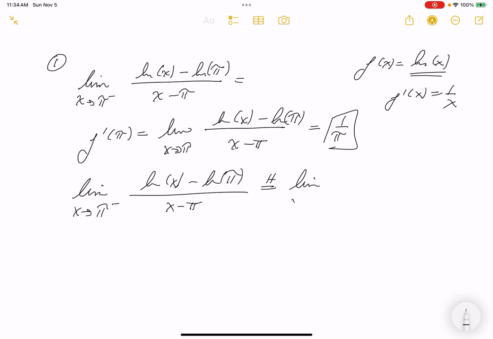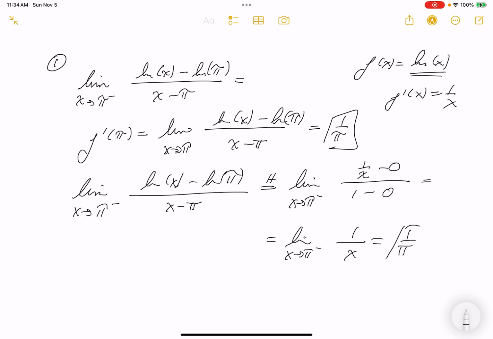Take the derivatives. The derivative of natural log of x is 1 over x. The derivative of natural log of pi is 0. And on the bottom, the derivative of x minus pi is 1 minus 0. It's now a very simple limit: as x goes to pi from the left of 1 over x, which is 1 over pi. So we're getting the same thing.